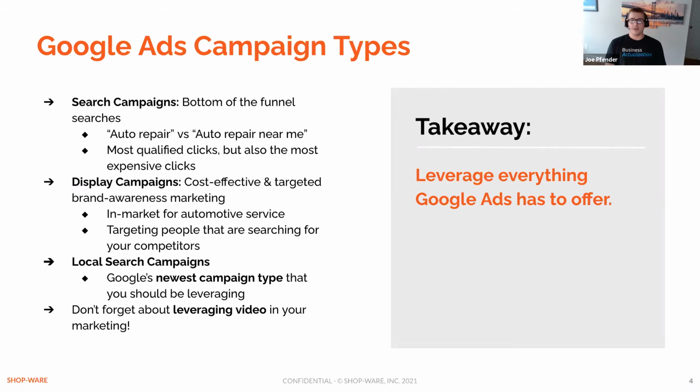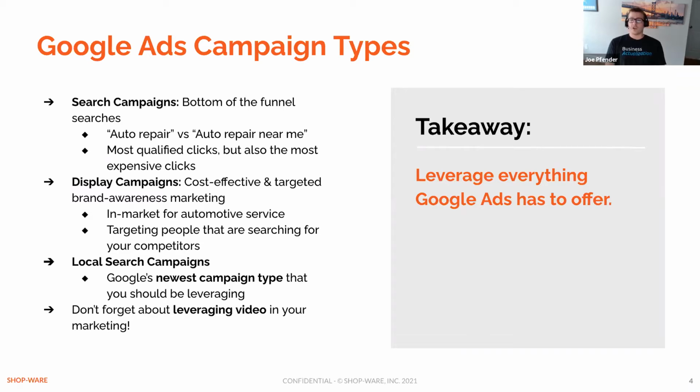So oftentimes you'll hear marketers referring to targeting at the keyword level. There's different levels of intent. So you have to think, if somebody's searching auto repair, they could be looking for service, or they could be looking for information on a blog maybe, versus if somebody searches auto repair near me, there's far more intent.